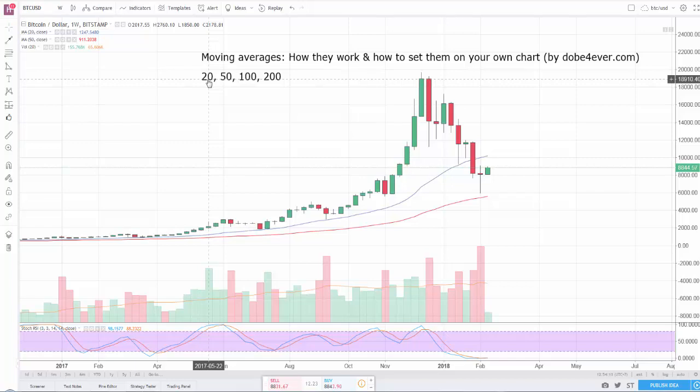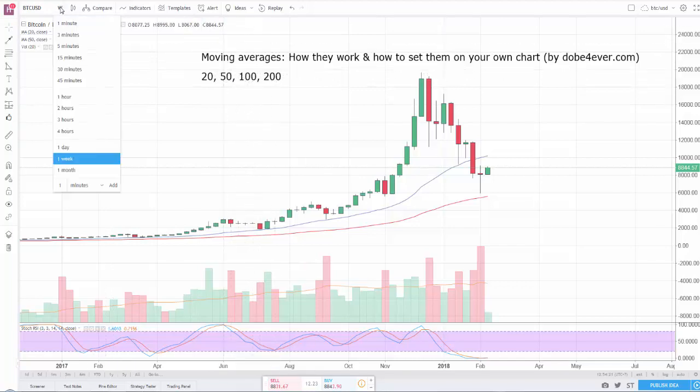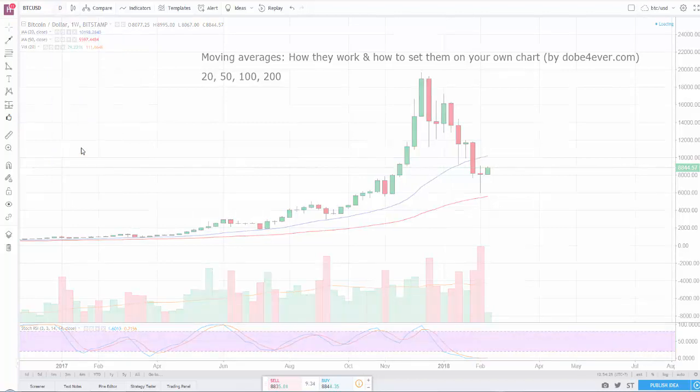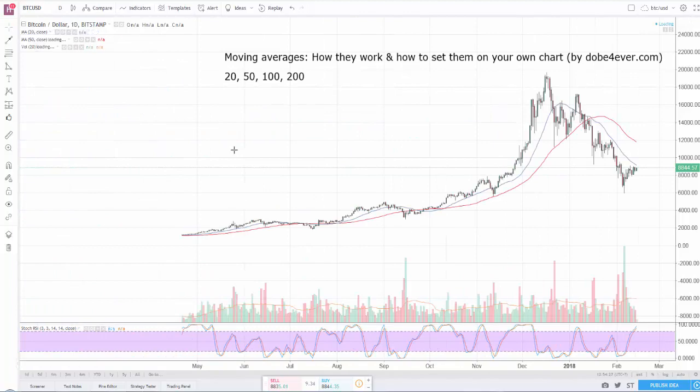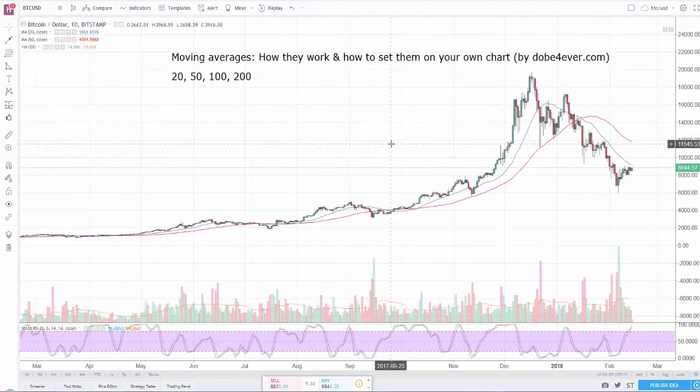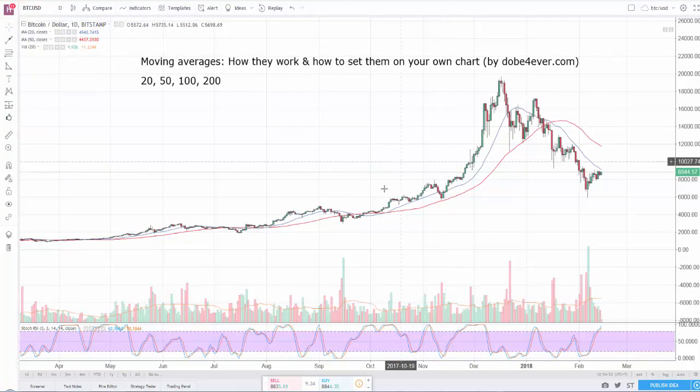The settings that most traders will use are the 20, the 50, the 100, and the 200. For swing trading, medium to longer term positions like I do and teach, we will be focusing on and using the 20 and the 50-day moving averages. As you can see, they give you a pretty accurate buy and sell signal.